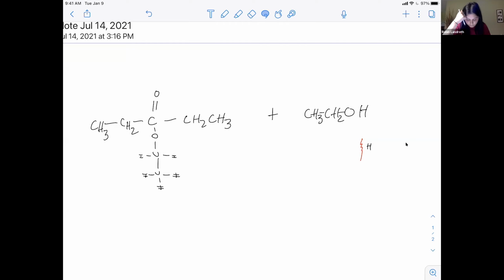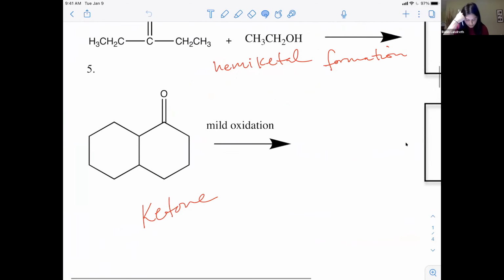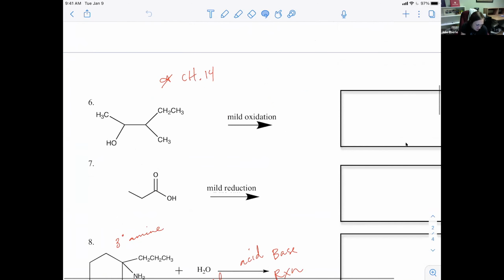Okay, number 6. We went over it and I think I did it right, but now that I'm looking at it, I started with an alcohol, and the way I drew it, I ended up with a ketone, but it should be an aldehyde, right?